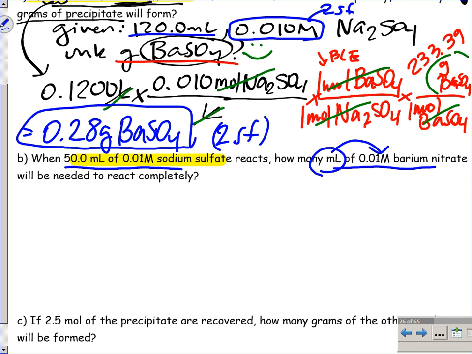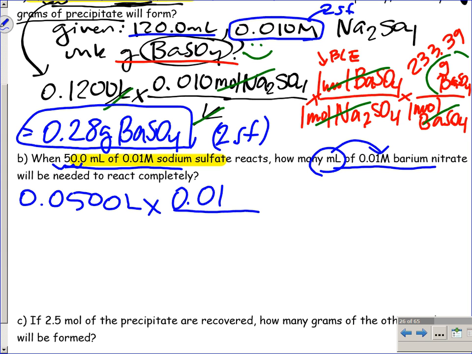So how many liters is this? 0.0500 liters. So I'm doing liters times, what's this molarity thing mean again, fraction-wise? Put the numbers where they go. 0.1 moles of sodium sulfate.